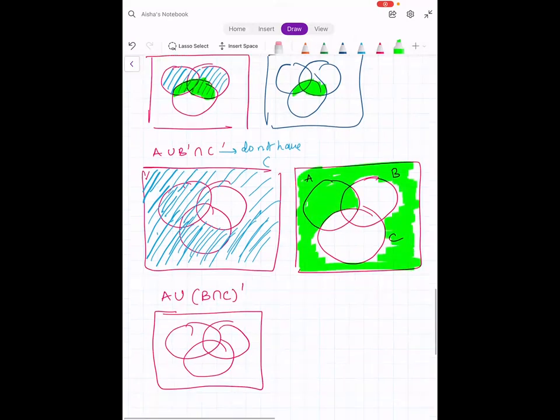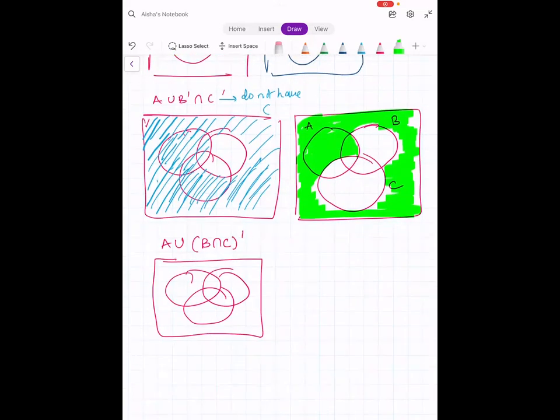From this shading, I have selected the regions which do not have C. So this region does not have C, and I have shaded it on this diagram.